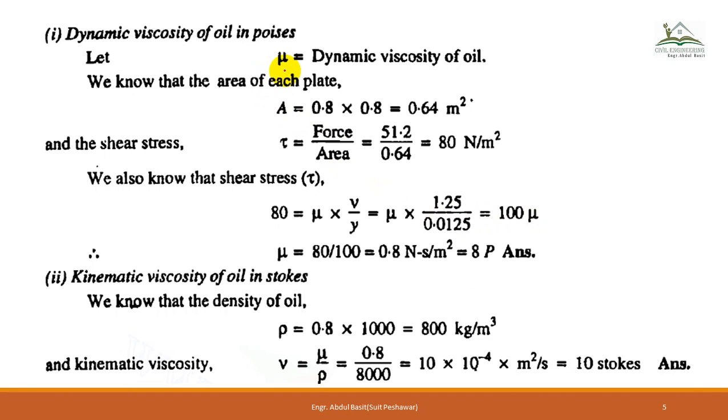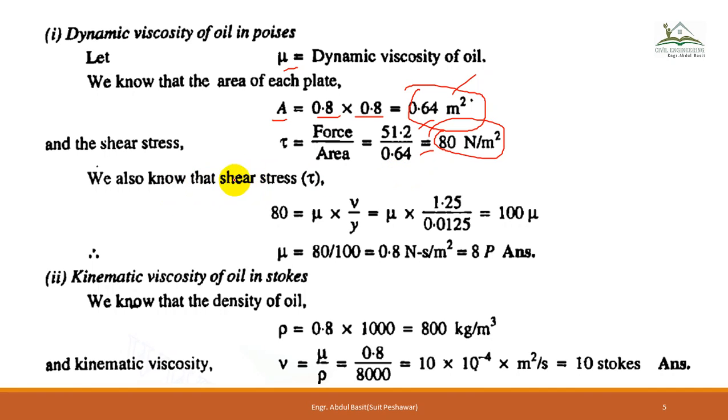So here it is, dynamic viscosity needs to be determined. Area will be equal to 0.8 times 0.8, it is a square plate, so this will be the area of the layer. Tau is force per unit area, so force is given, area is determined. So this will be like 80 Newton per meter square.